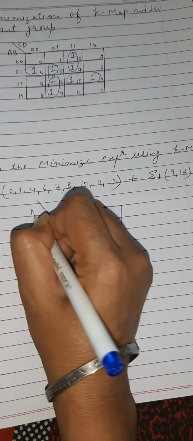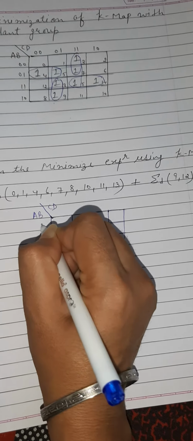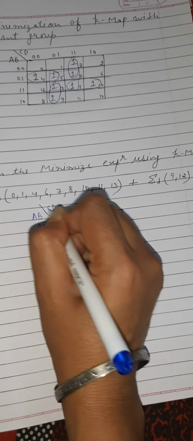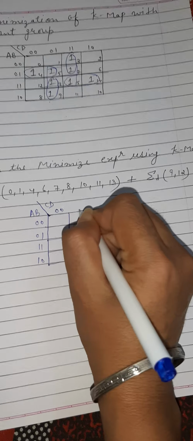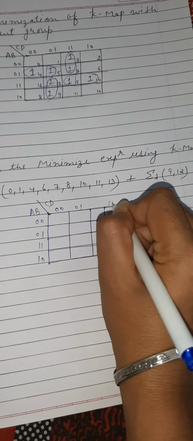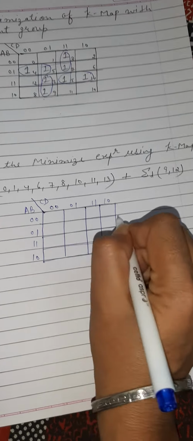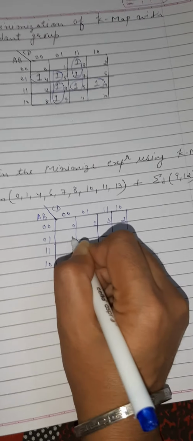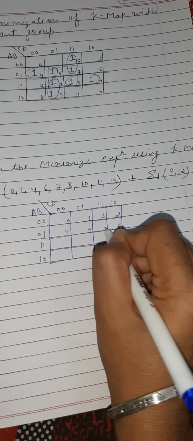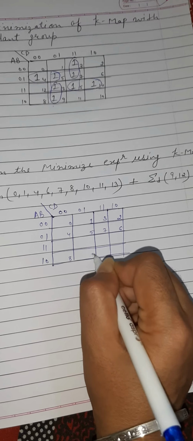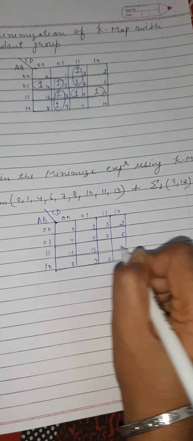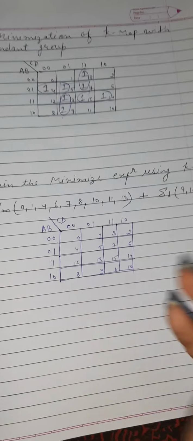The 4 variables are A, B, C, D, and the values of AB are 00, 01, 11, 10. The values of CD are 00, 01, 11, 10. And the numbering of boxes should be like this: 0, 1, 2, 3, 4, 5, 6, 7, 8, 9, 10, 11, 12, 13, 14, 15.